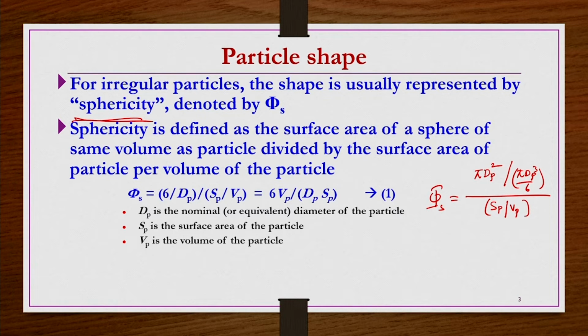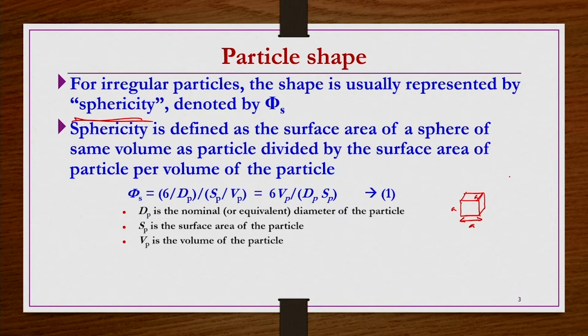Now you may be wondering whether this sphericity depends on the size of the particle. That is the question. Let us say you have a small cube where all the sides are the same, this side is A, same for this and this.